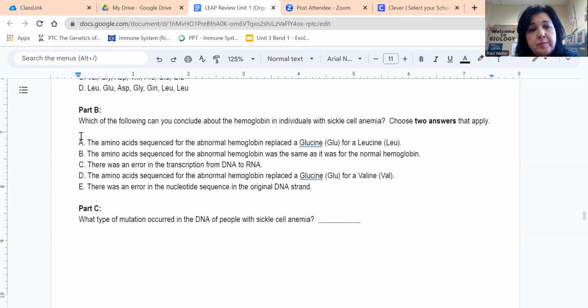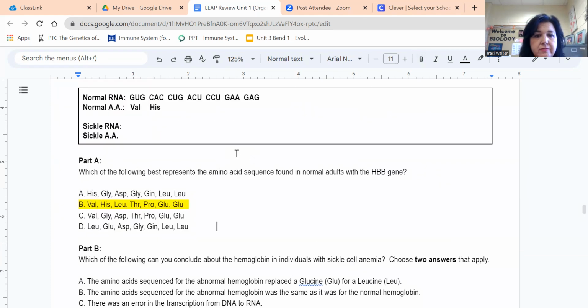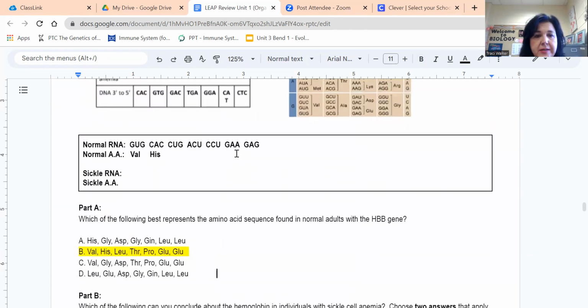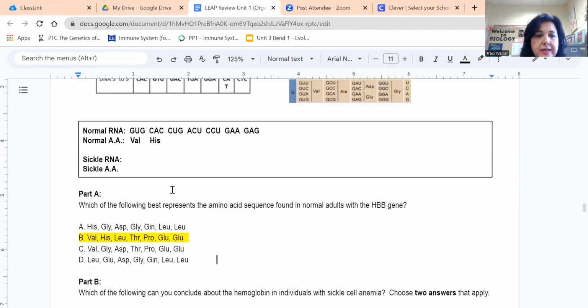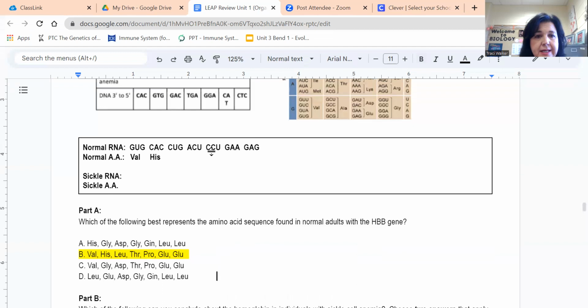Choose two answers that apply. So it says the amino acid sequence for the abnormal hemoglobin replaced a glutamic acid for a valine. Okay, so we need to know what the amino acid sequence is for the sickle cell anemia. So I've got to go back up here, and remember, I cannot use my DNA.